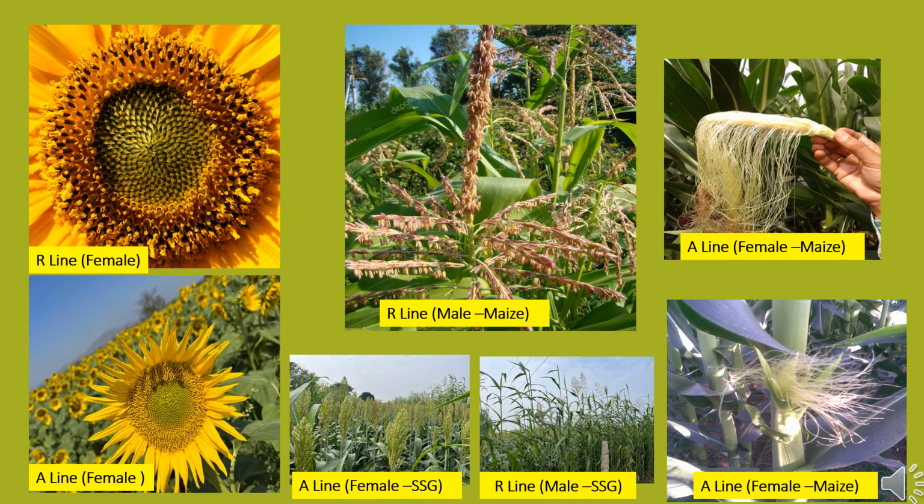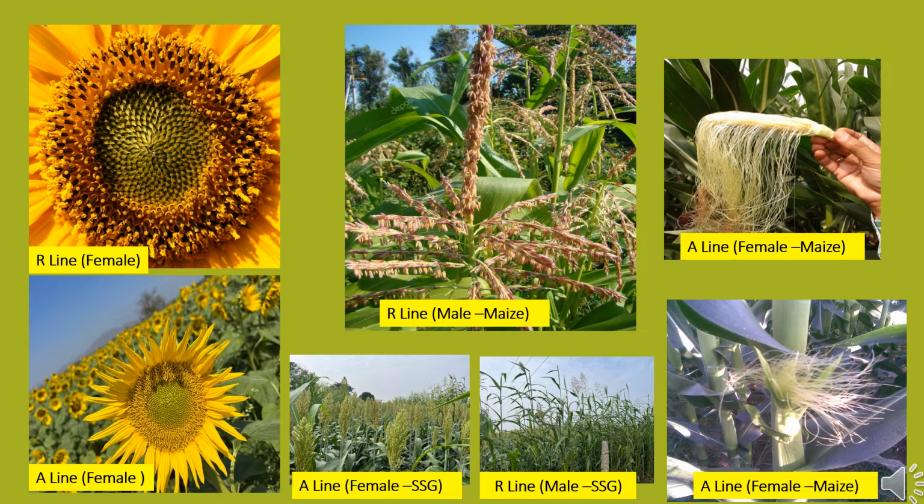Here are also some pictures of the R line and A line in sunflower and maize fields. The R line in sunflower has functional pollen grains and pollen-loaded anthers, while the A line will be sterile. In maize, the tassels are known as the male parent, having the anther boxes and supplying pollen grains, while the silk is known as the female parent.